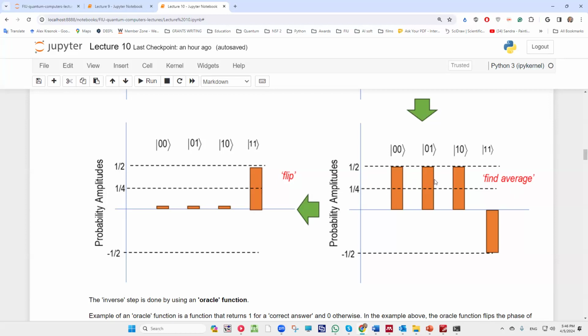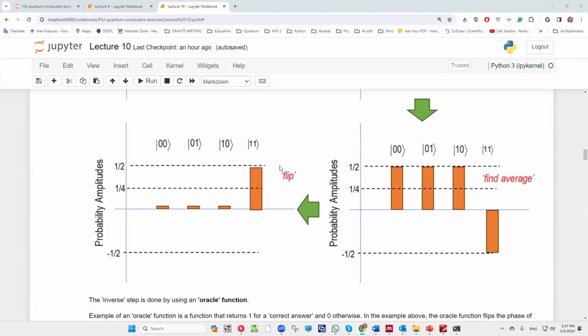Obviously, all three states will turn into 0, and the last one will be amplified. It will convert from -1/2 up to 1/2. In fact, it's going to be even more, so for the last one it's going to be almost 1.